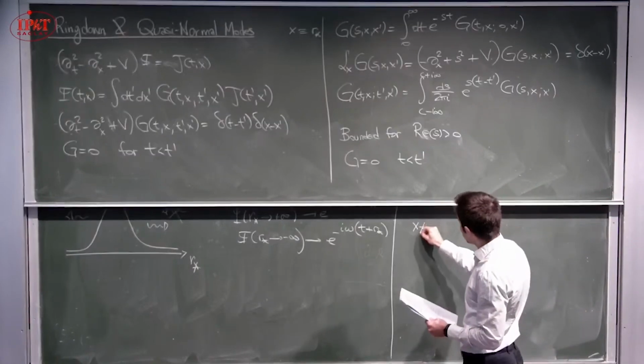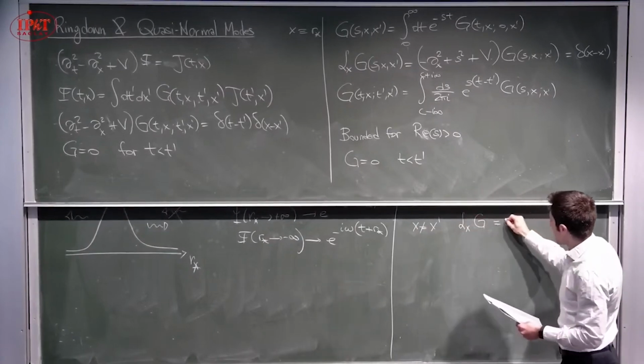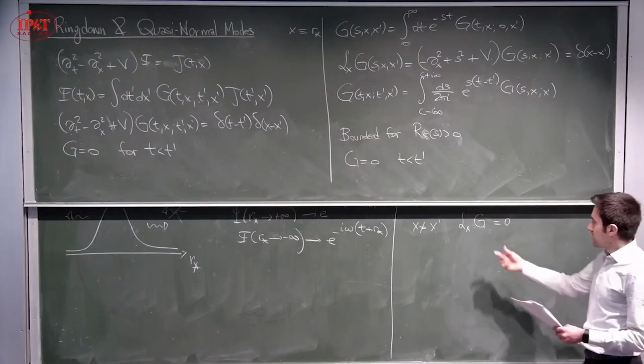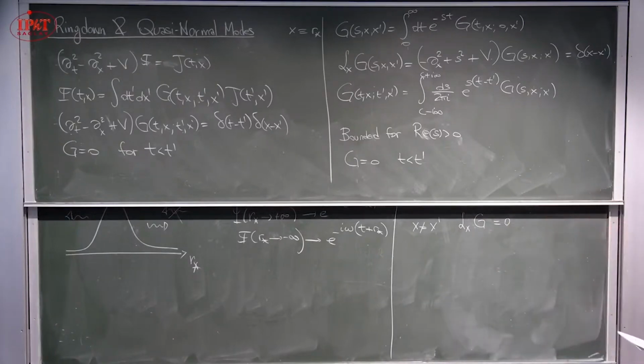For x different from x prime, essentially the Green's function satisfies this equation. So we can express G in terms of homogeneous solutions to the original equation.